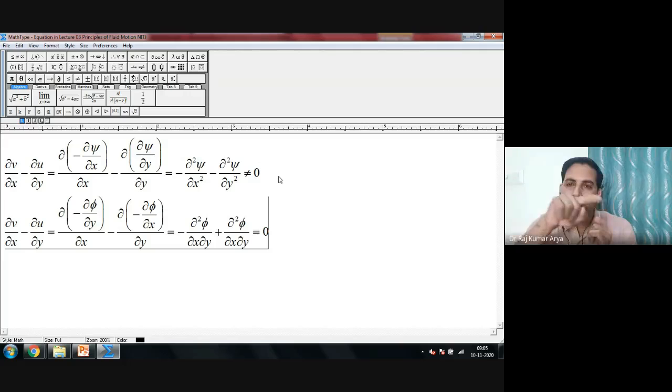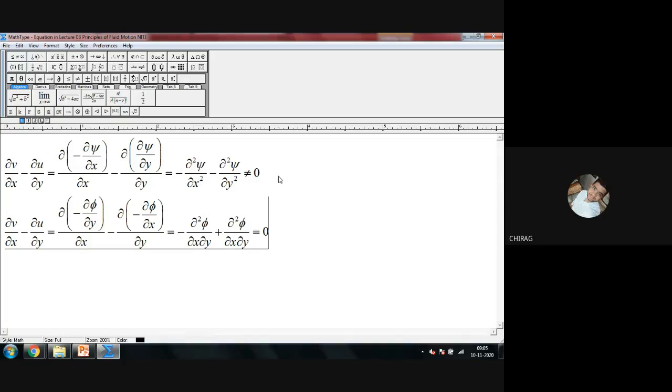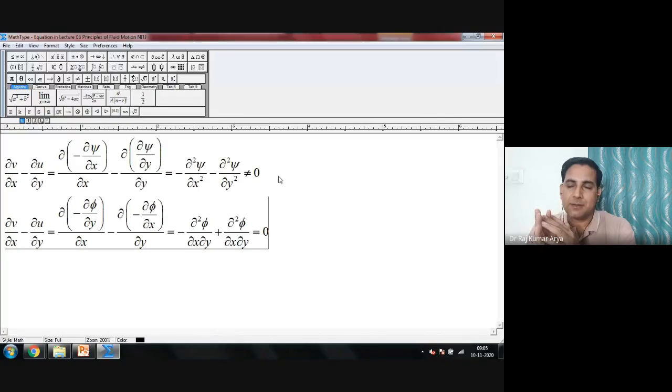A streamline can be present in a circular path, and it can be present in a straight line flow also. Correct or not? So the stream function is not the criterion to check the irrotational flow condition, because it doesn't satisfy that criterion.